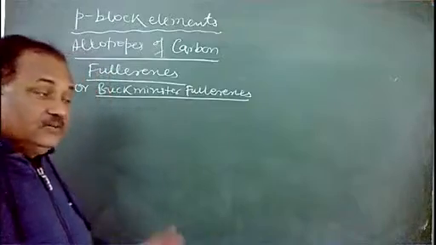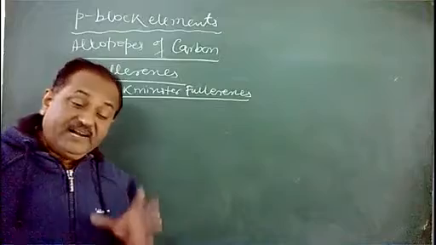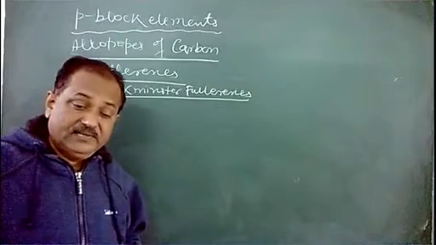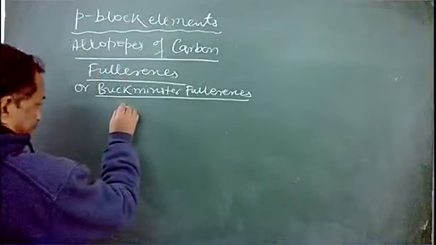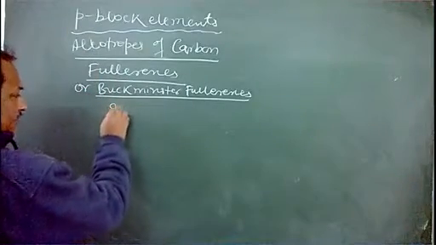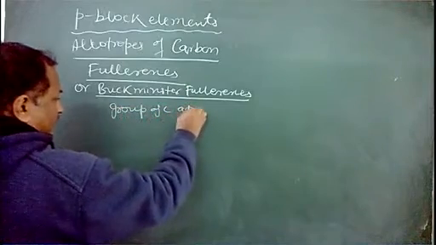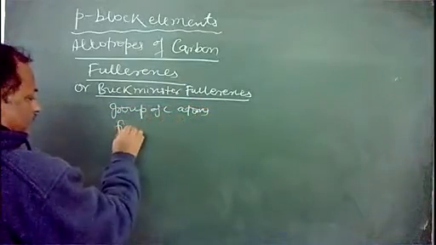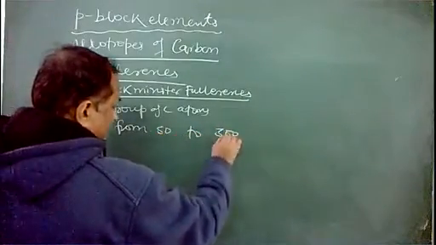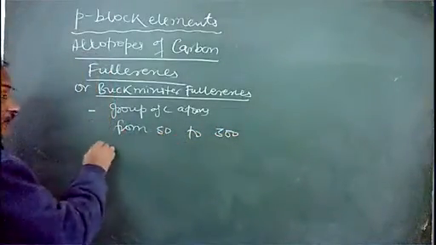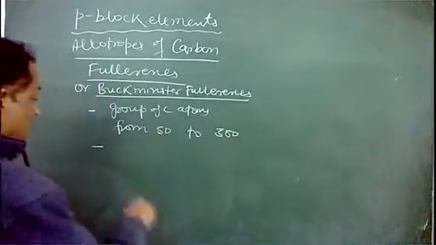So children, fullerenes are a group of compounds made up of pure carbon, and they contain a group of carbon atoms from 50 to 300. This is the first point. Group of carbon atoms from 50 to 300.